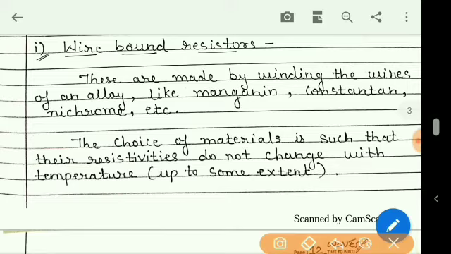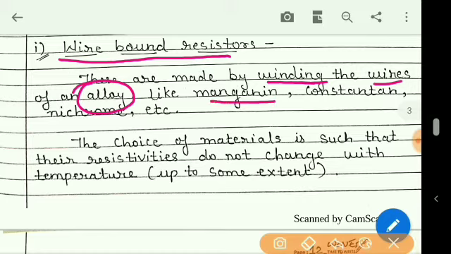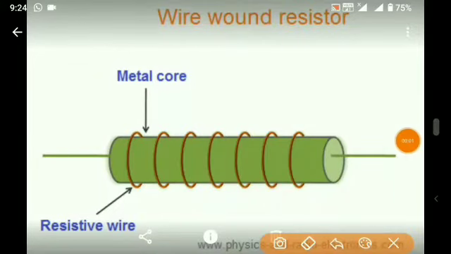Now about these wire bound resistors. This type of resistors are made by winding the wires made up of alloys like manganese, constantan and nichrome. Students, you can see here a wire wound resistor.